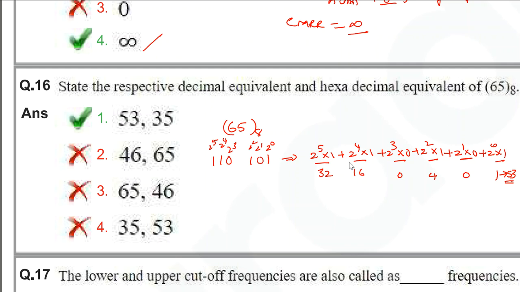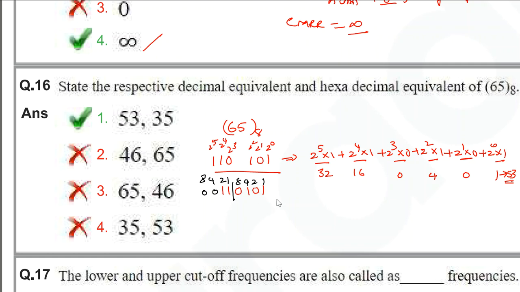Okay, so 53. Now I will rearrange the same bits here: 110101. For hexadecimal, I will take 4 digits at a time, so here I will write 2 extra digits. Now 8 4 2 1, 8 4 2 1.